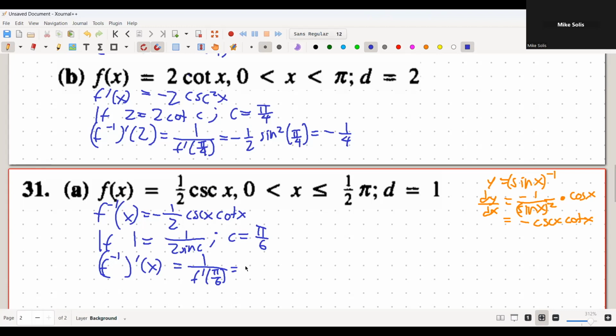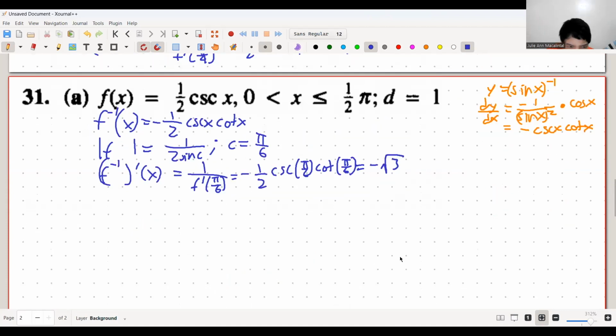Then negative 1/2 cosecant x cotangent of x. So, f inverse prime of 1 is 1/2. Both are negative. 2 times tangent pi over 6.